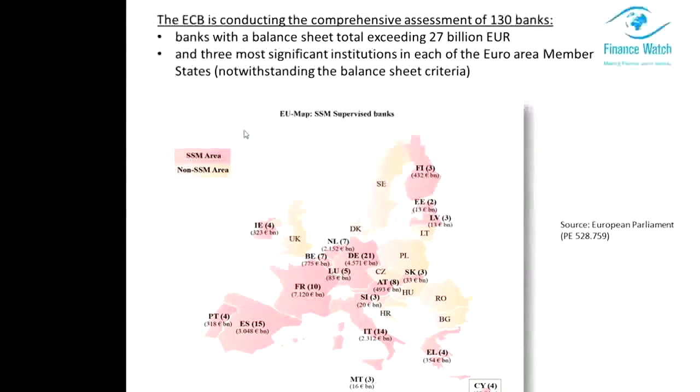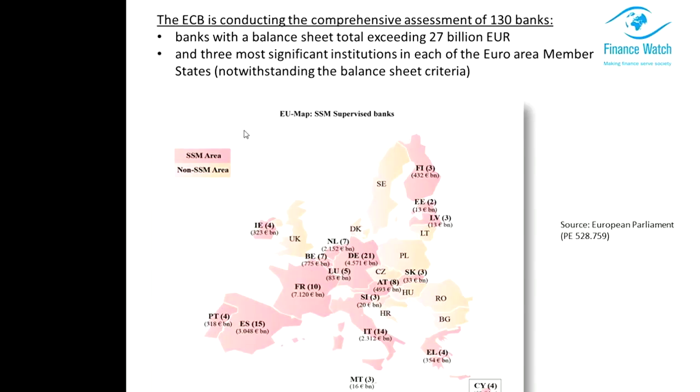Sorry to interrupt here, but there might be some confusion about the figures. So there are 120 banks supervised in the SSM, and so why is the ECB testing 130? Okay. As I said, the comprehensive assessment was conducted for 130 banks.